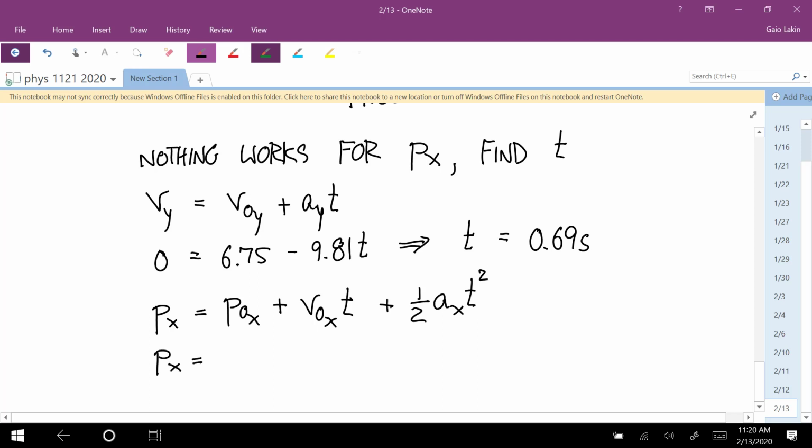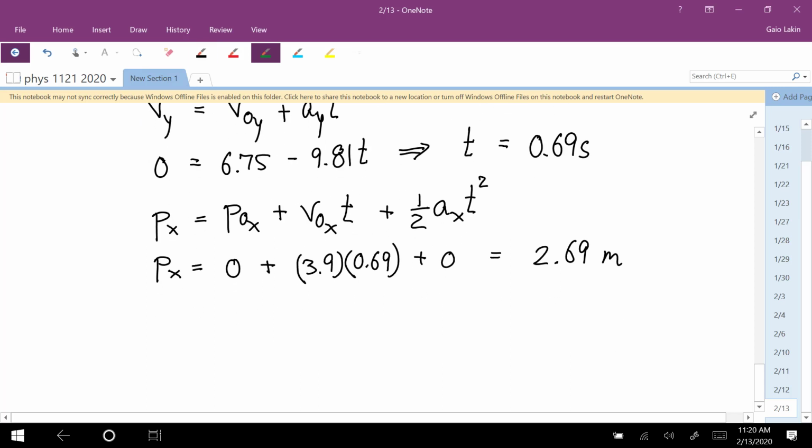So px is equal to 0 plus 3.9 times 0.69. Ax is 0, so plus 0. And what do you get for this? 2.69. I'll leave it like that, meters.